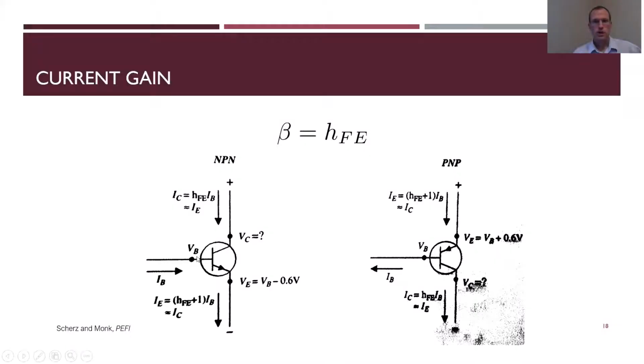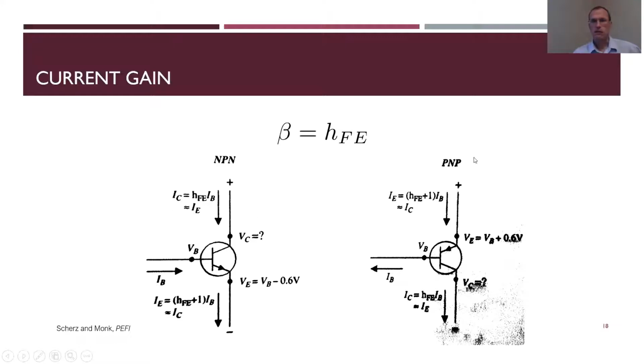So NPN circuit, I have some current IB coming in the base, and some current IC coming in the collector. Generally that's beta times IB, so usually a lot higher. And then my emitter current coming out is total current in, which is beta plus 1 times IB. Beta plus 1, if beta is really big, is roughly the same as beta. So generally you have that IE and IC roughly the same thing.